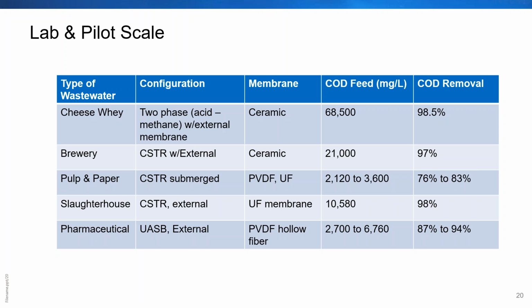On this, the COD feed was pretty high, 68,500, but they were seeing good COD removal, 98.5%, which is great. This facility here is pretty small as a pilot, looking at about, I think the reactor is somewhere in the order of like 15 liters. So pretty small, pilot lab scale application.